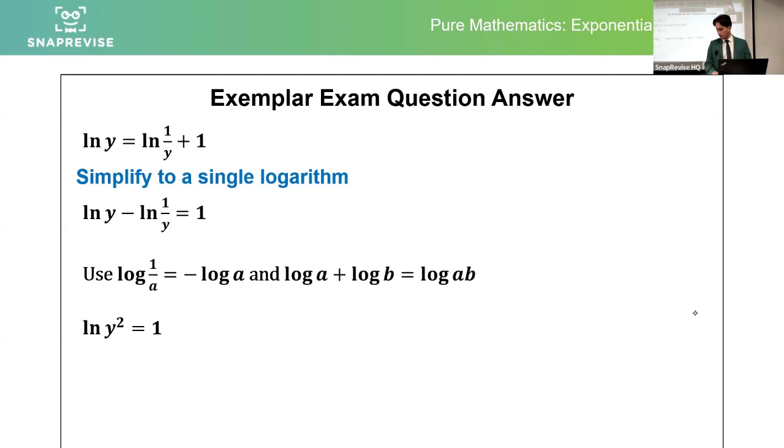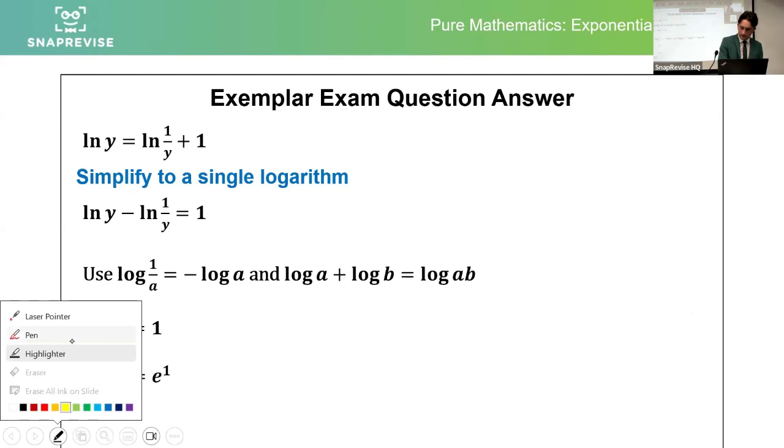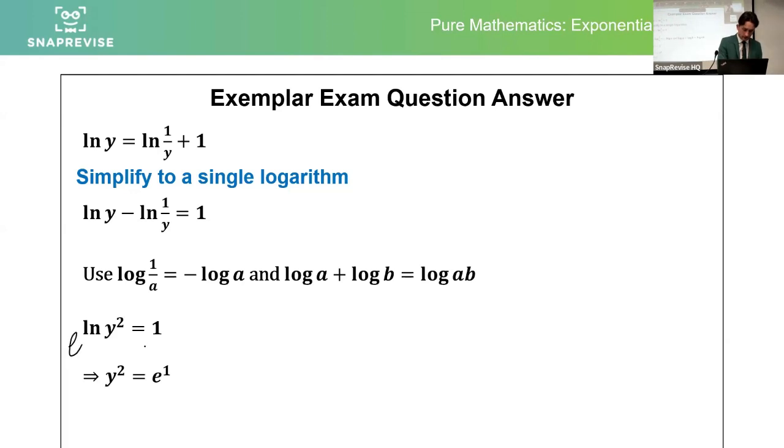Then we raise both sides to the power of e, because that's how we undo it. e to the that equals e to the that. They cancel. So y squared equals e to the 1.